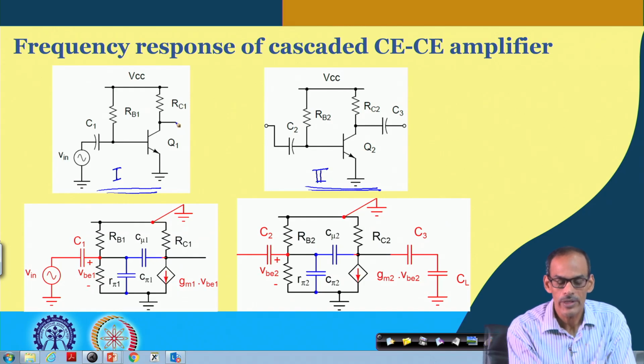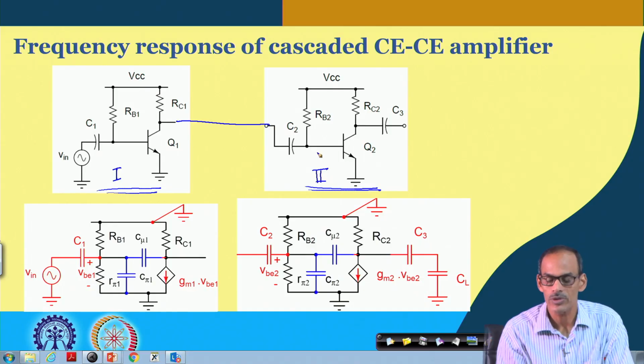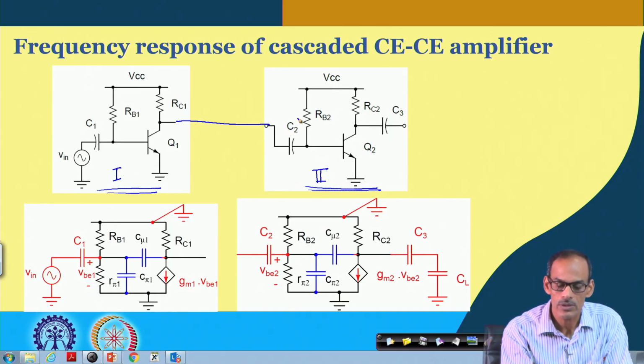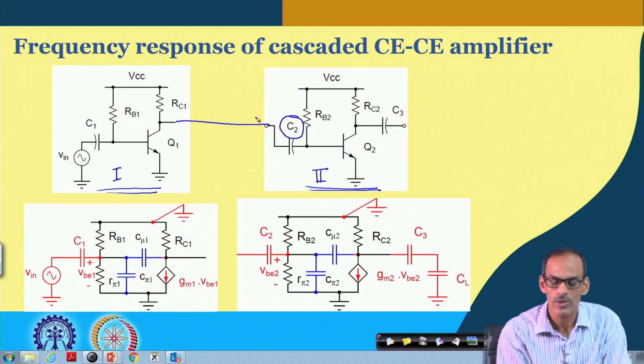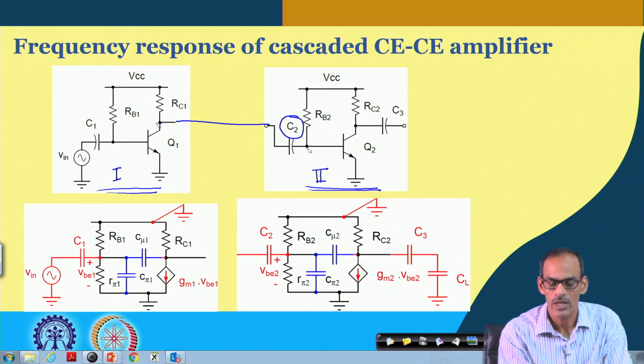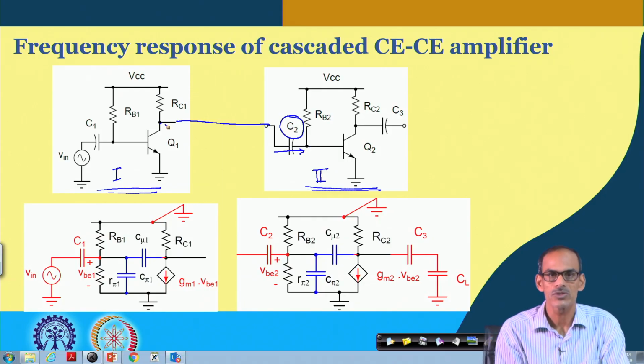So, how do we do that? The output of the first CE amplifier will be connected to the input of the second CE amplifier, but of course, with the use of C2 we can isolate the DC operating point of the first stage and the second stage, and the capacitor C2 is supposed to allow the signal going from the output of the first stage to the input of the second stage.